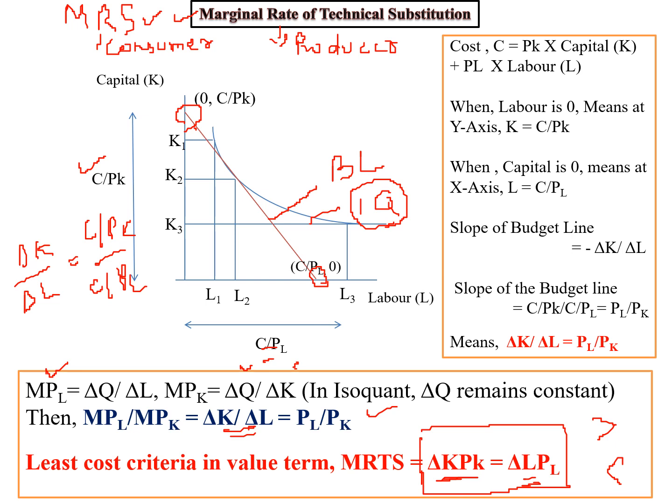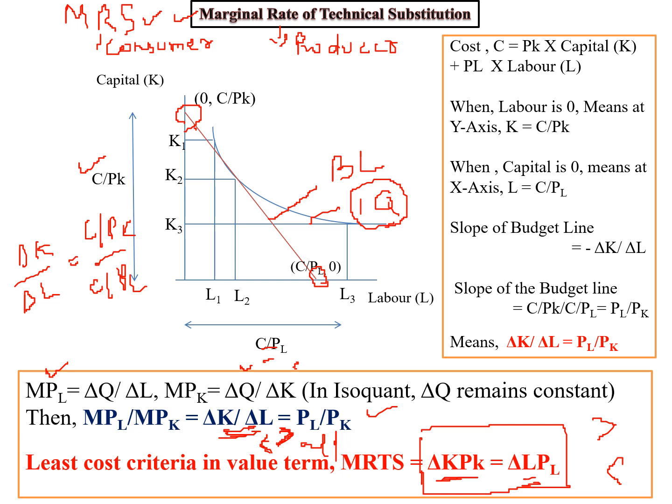And at a certain point of time, if the ratio of delta K by delta L is greater than the price ratio, then you go for adding resources, and if it is less than, then you go for replacing the resources.